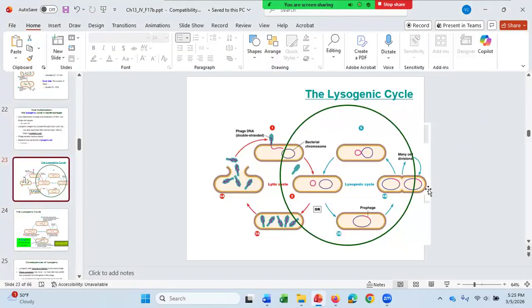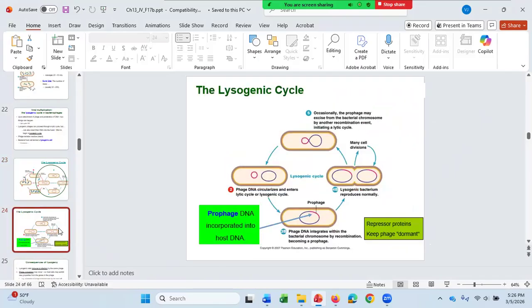Any questions about the movie? All right. Let's see. There is a repressor protein, which is a gene on a lysogenic virus in its genome. And the repressor protein keeps the lytic life cycle dormant.